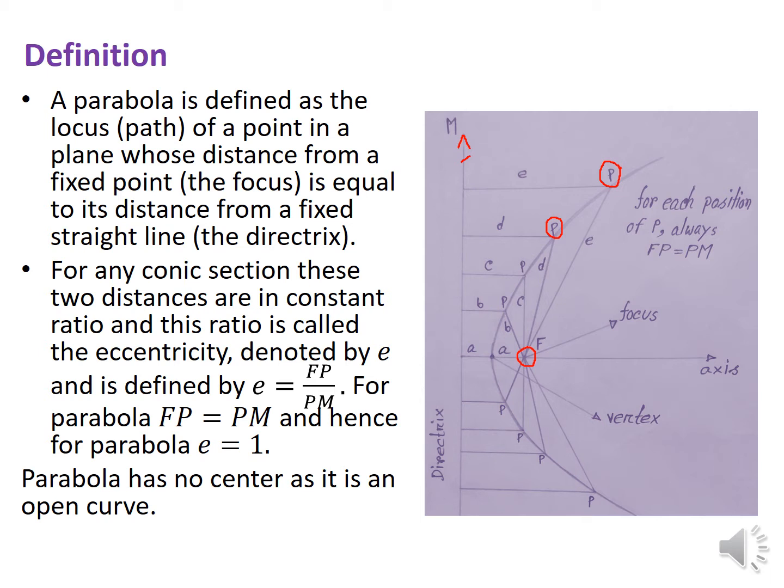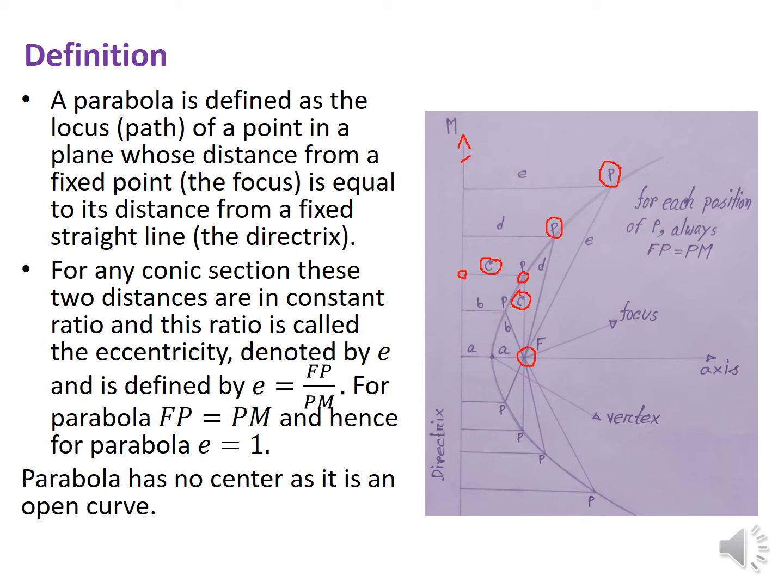Look here, from F, say we consider P here, then we can see the distance of F and P is C here, and we can also see that from P the distance of M, that means the distance of P from the straight line, is also C. So these two distances are equal.